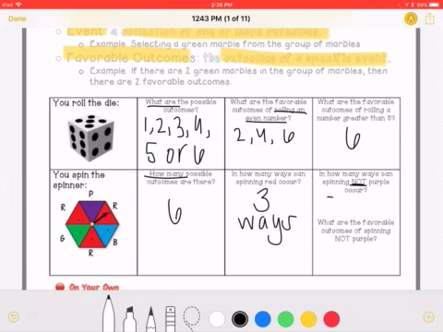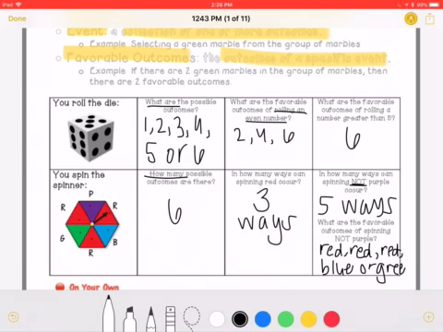So there are 5 different ways to not land on purple. What are those favorable outcomes of spinning not purple? So this is where you list out, okay, well, I can land on red, red, red. I could land on blue or green. So this is when you would just list them out.